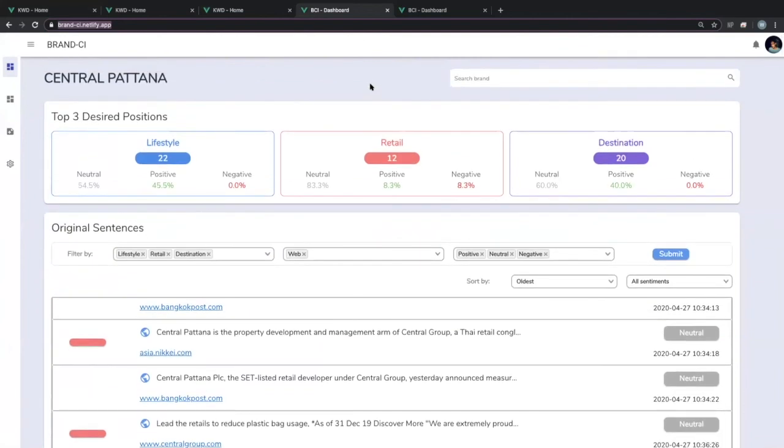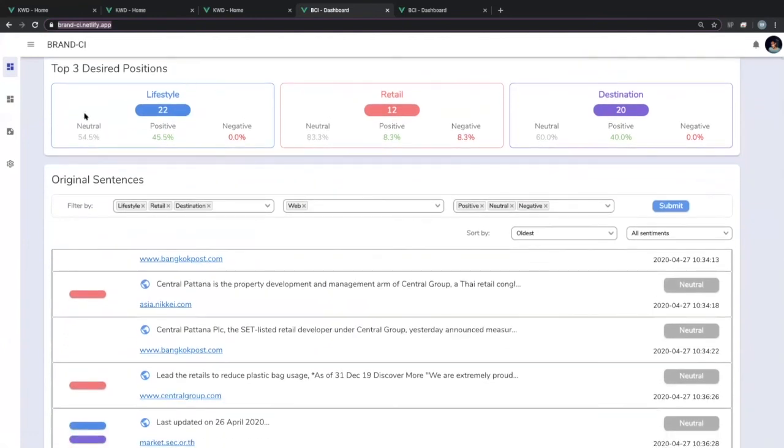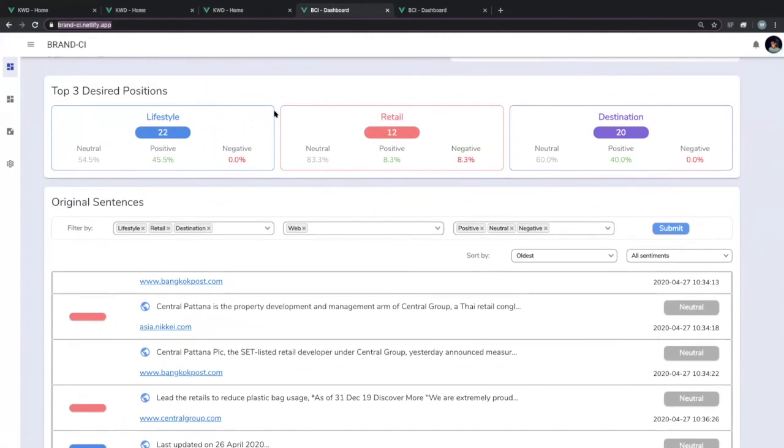If I'm a brand manager of Central, I want to monitor whether my brand is related to lifestyle, retail, or destination, and how many times this keyword that relates to us occurs. It also shows the sentiment here, neutral, positive, toward the selected value that I want to know.